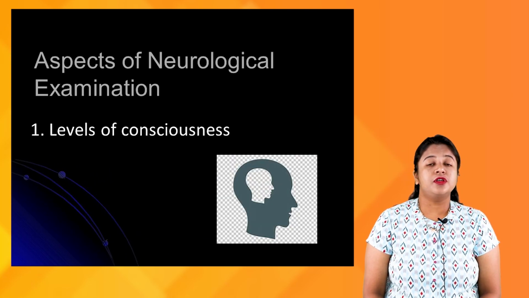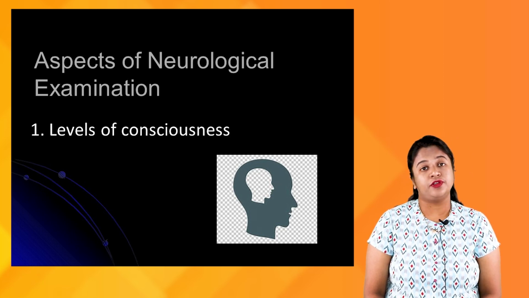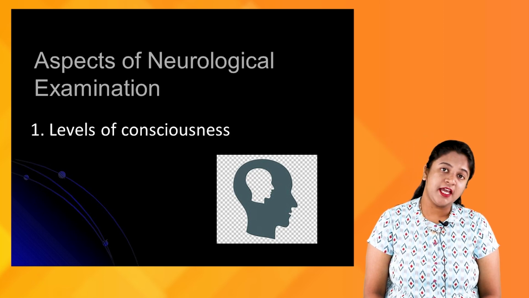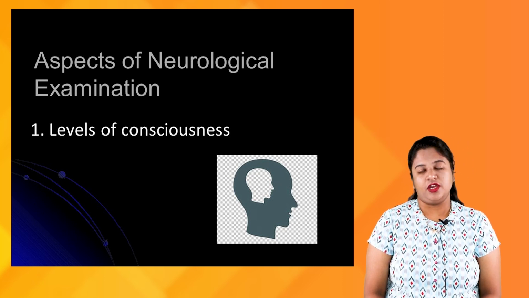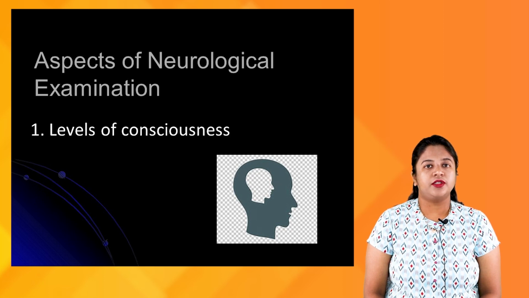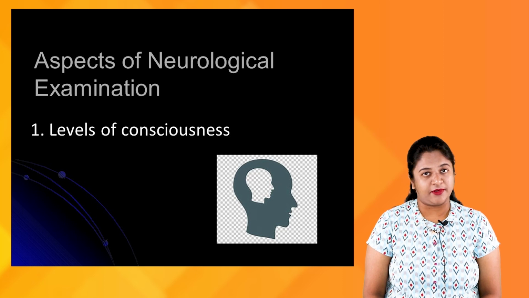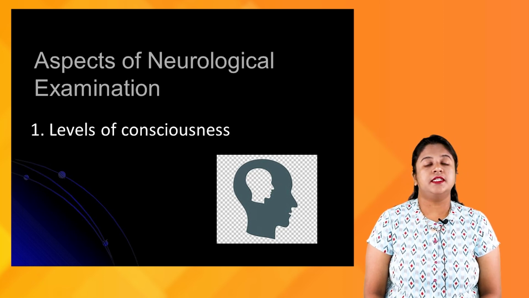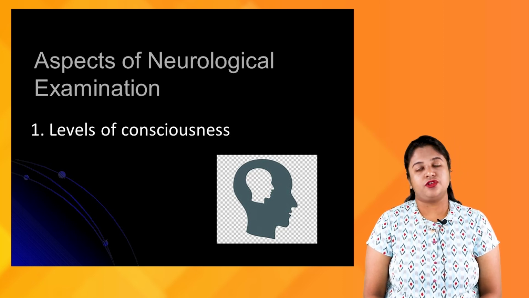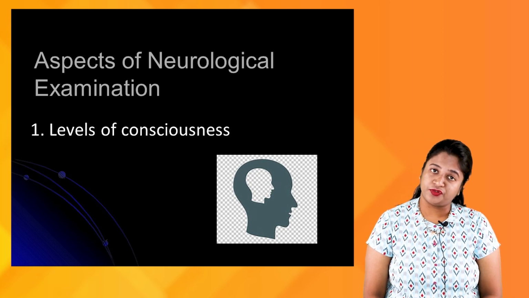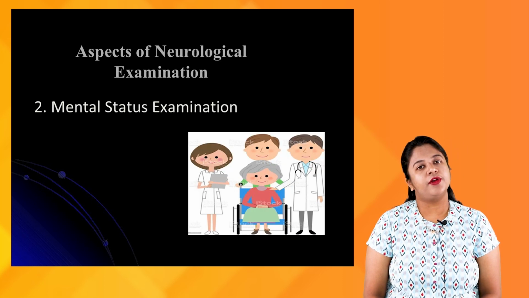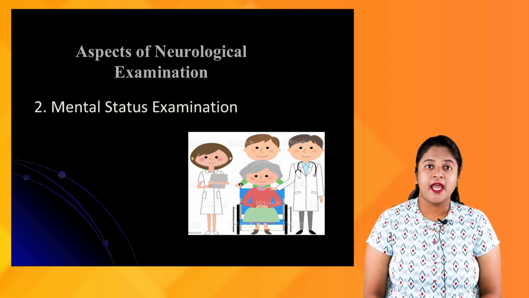As a part of the total physical assessment, nurses are involved in the assessment of the neurological system, that is the neurological examination as well as the physical examination. Right. So let us see what are those aspects of the neurological examination. The first thing is the level of consciousness. So you're going to find out what is the level of consciousness. The second thing you're going to do is the mental status examination.